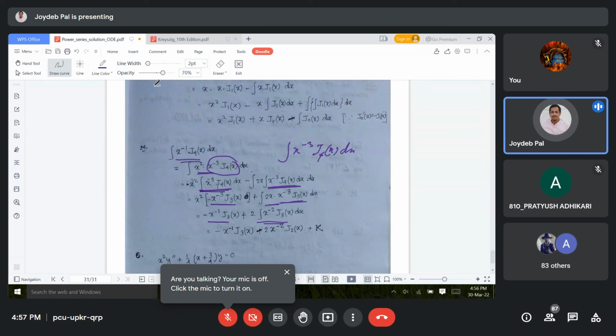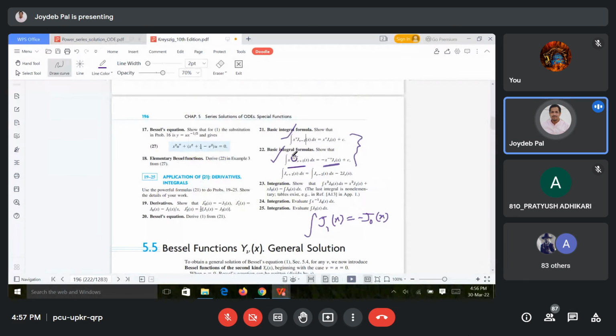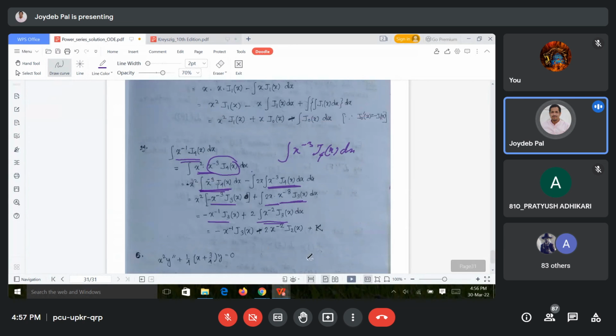Now again we can apply the formula for the particular nu, and it will be minus x to the power minus 2 J2. So minus x to the power minus 2 into J2, and after integration I am writing an arbitrary constant, since an indefinite integral has an arbitrary constant.